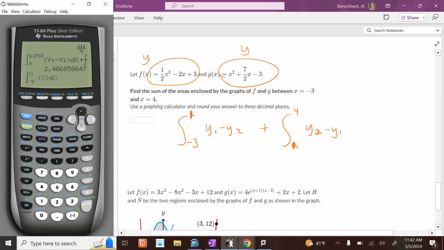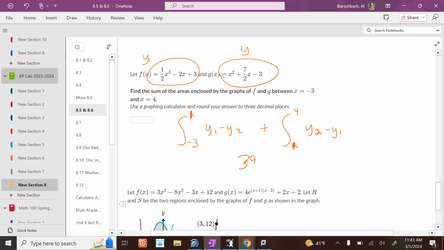Go from -3 to 1 of y1 minus y2: vars, y vars, enter y1, minus vars, y vars, enter y2, dx, plus math 9 from 1 to 4 of vars, y2, minus vars, y1, dx, enter, and that one was quicker, 39.042.